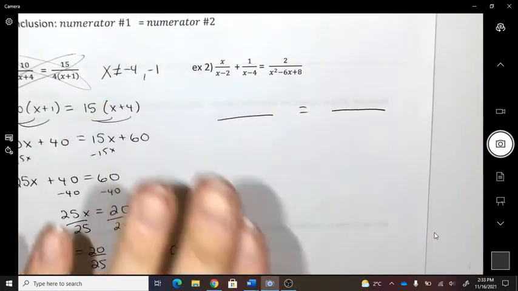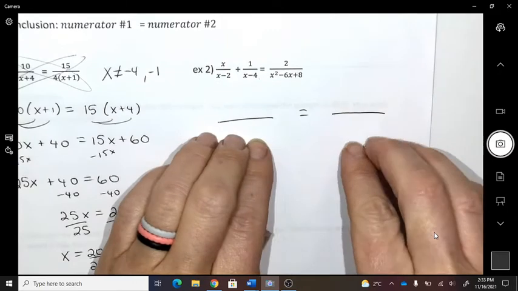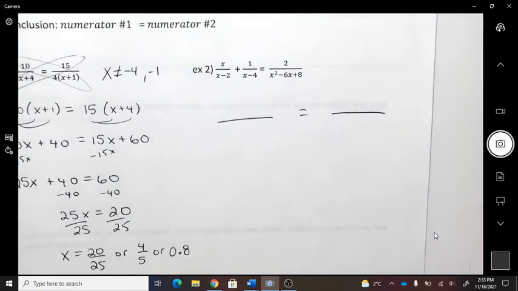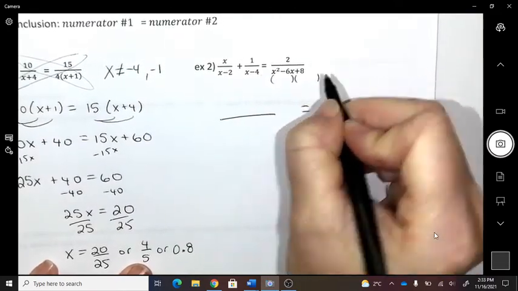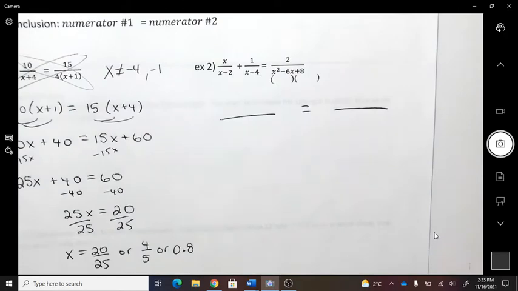So I'm going to try to make everything on this side and this side the same bottom. So what do I all want in my bottom? Actually, I'm first going to go back to this and look at it in factored form. So can you factor that for me?